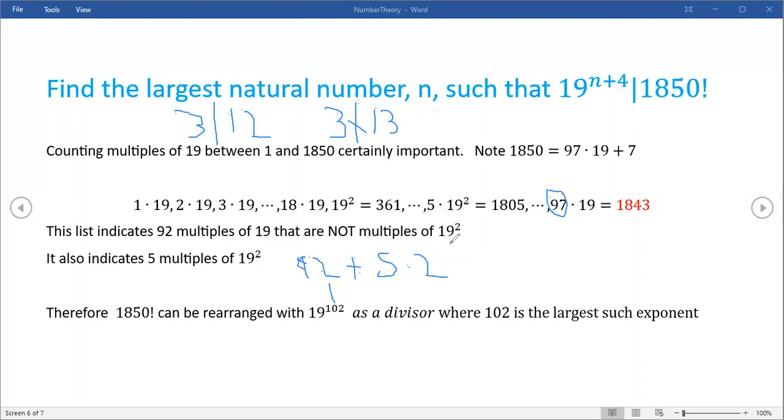Okay, and so to answer the question here, one would just set n+4 equal to 102, which certainly implies that n equals 98. n equals 98 is the solution that we're seeking here.